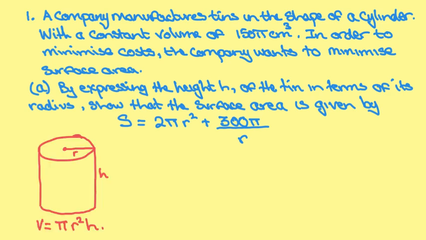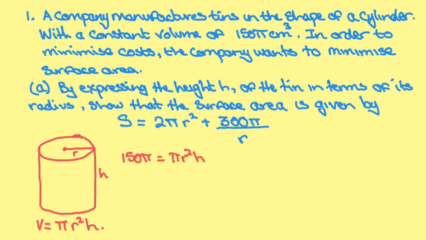If we take any cylinder of radius r and height h, we know that the volume is equal to pi r squared h. We are told in the question that the volume is equal to 150 pi. Therefore, we know 150 pi is equal to pi r squared h.